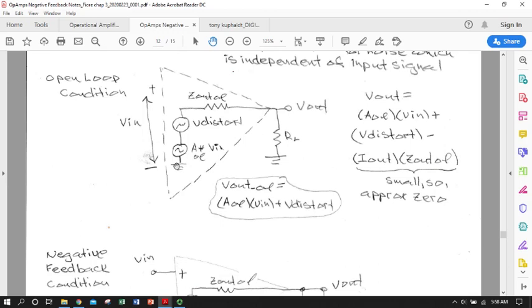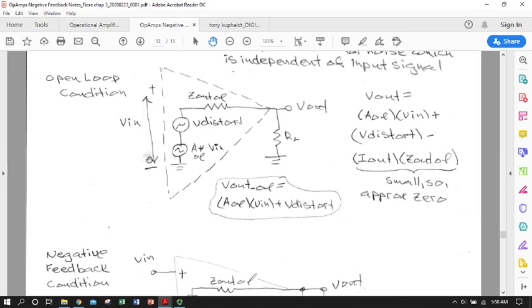Okay, so we will start again with our basic kind of KVLing our way from V out to the ground inside of our op amp. Those basic DC principles just keep coming. So we can say our V out is equal to, we're going to start with ground and move up. We have a voltage source that represents the open loop gain of the amplifier. Pretty basic. So open loop gain times our input signal.